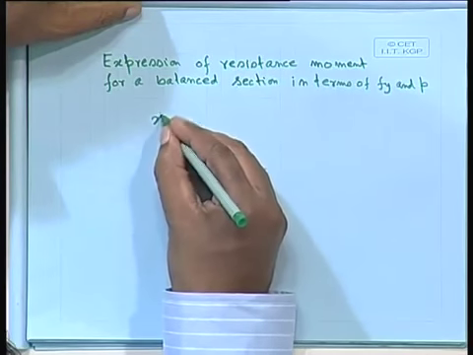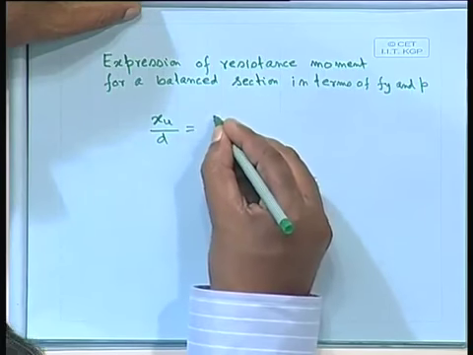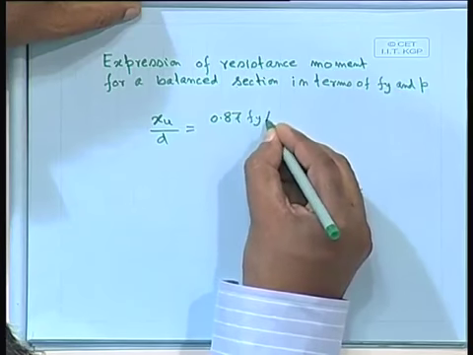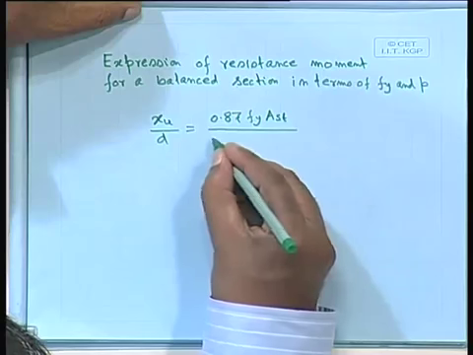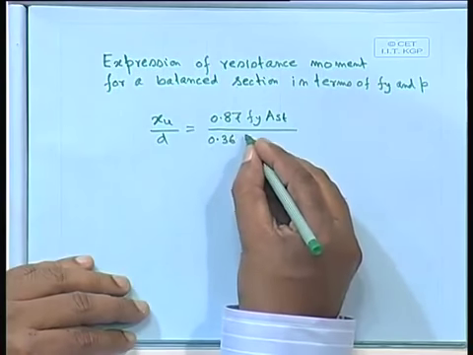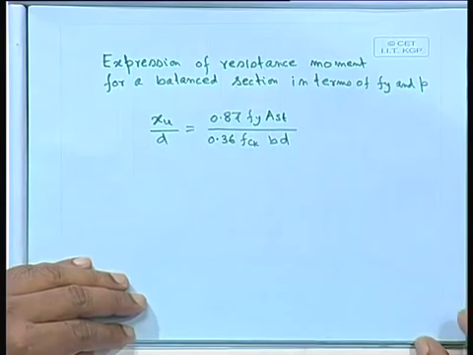xu by d equal to 0.87 fy Ast divided by 0.36 fck bd, that we have already got.